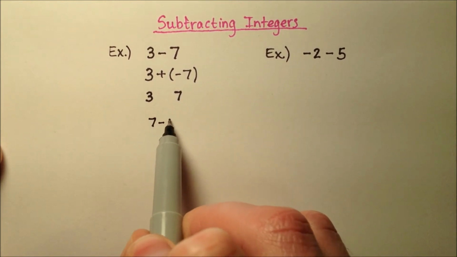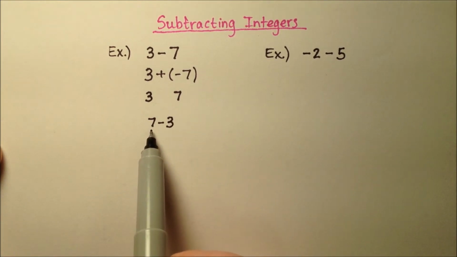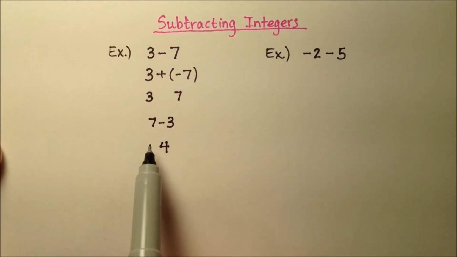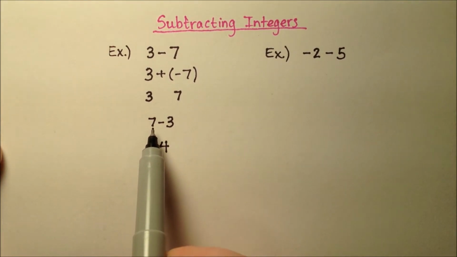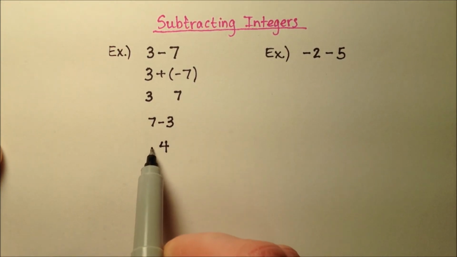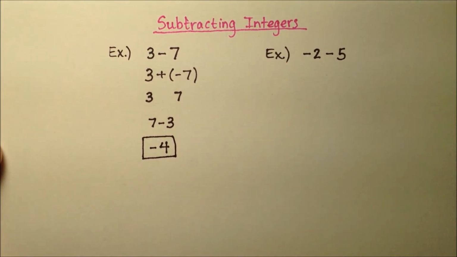So I'm going to say 7 minus 3, and again I put this 7 first because it's bigger than the 3. 7 minus 3 is 4, and we keep the sign of the larger. So 7 was the larger of the two numbers, and its original sign was a negative. So I'm going to keep that negative sign, and my final answer was a negative 4.